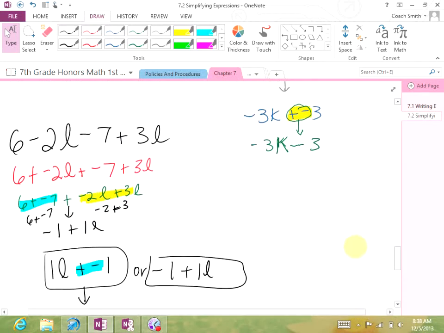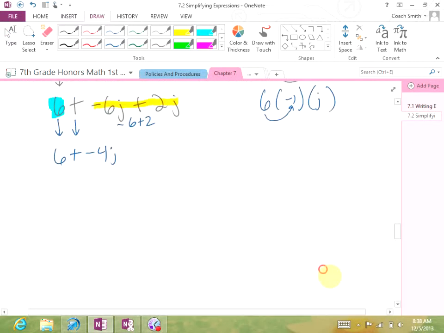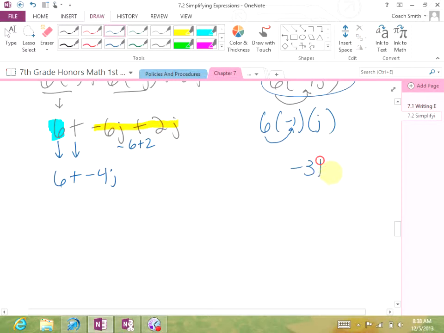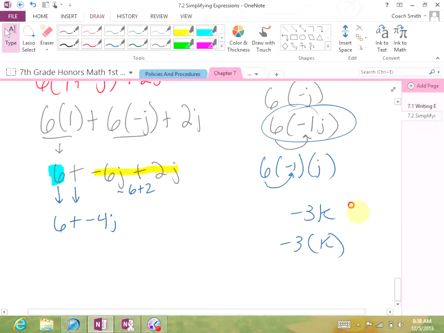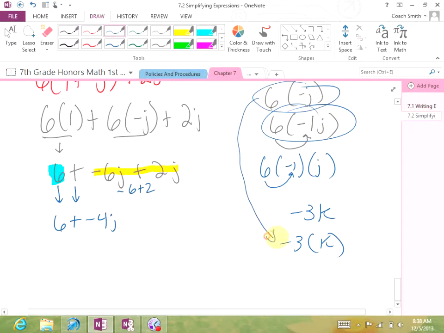We had negative 3k. That means negative 3 times k. And so right here, that looks the same as that right there. So if negative 3k is negative 3 times parentheses k, then 6 times parentheses negative j has to be negative 6j for them to be the same.